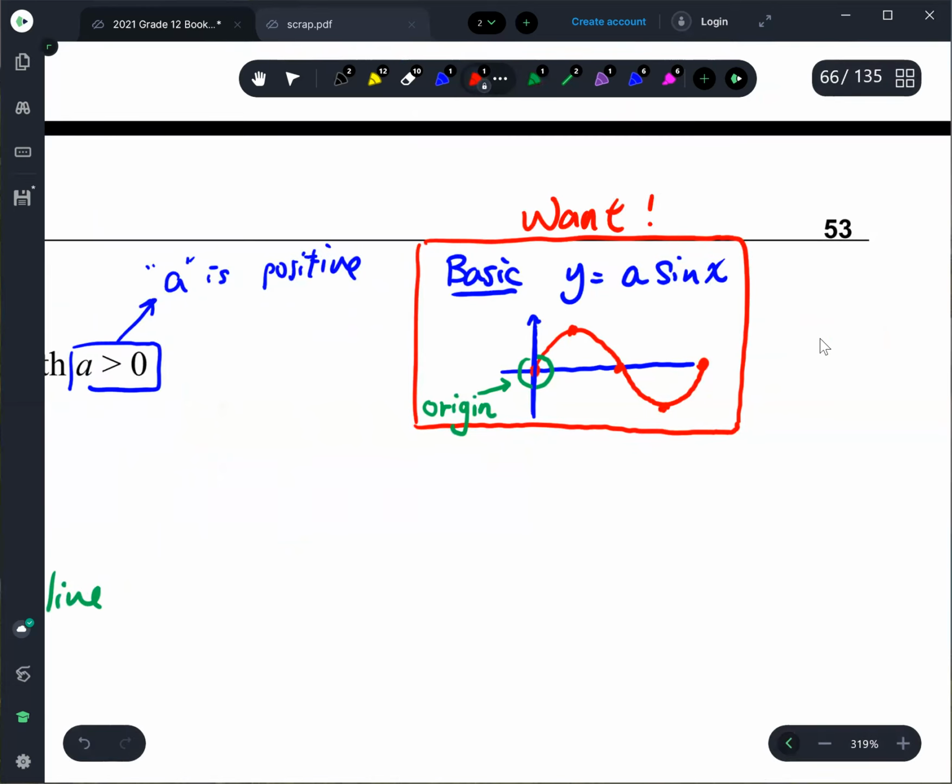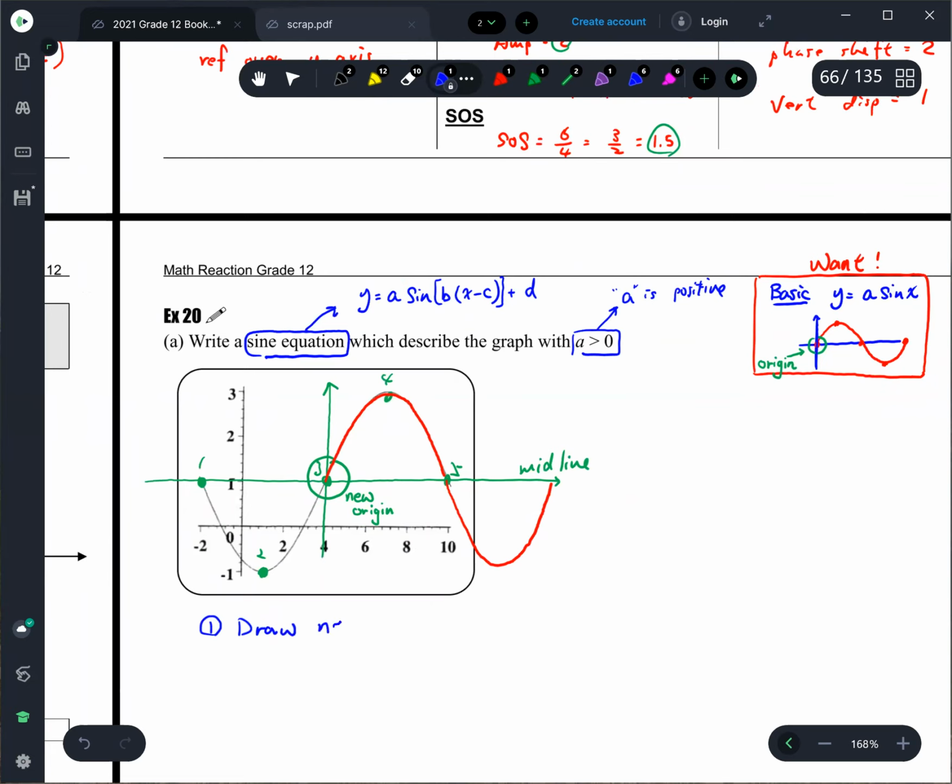Chris, Daniel, and Jocelyn, do you have any questions? Okay. So everyone understands why we have this point, right? So you can write that down now, okay? So step 1 is to draw new x and y axis.